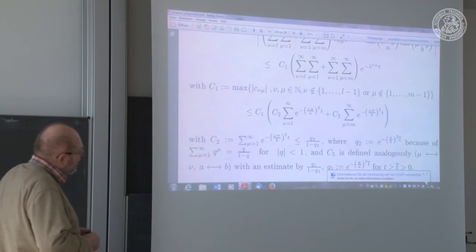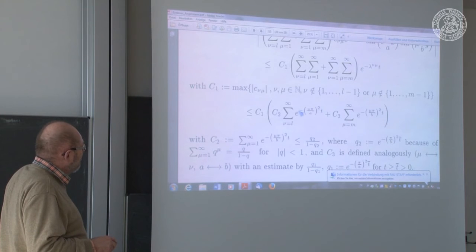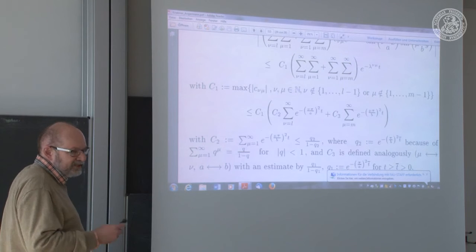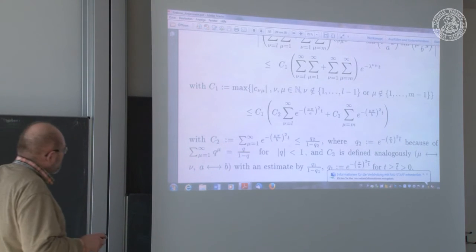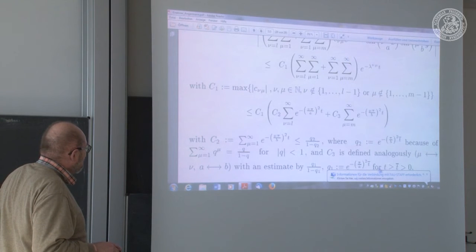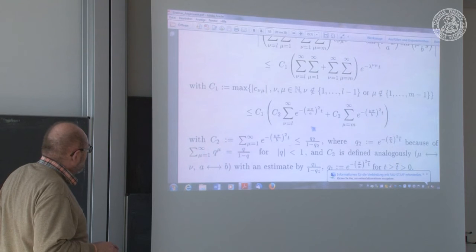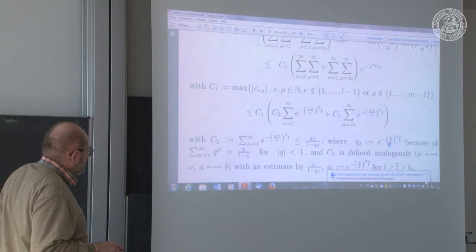Because here, for this simple estimate, I have to take advantage of the strong decay of the exponential term, which means that the factor has to be less than 1, so that I have a convergent harmonic series here. If I stay away from 0, so if my time is bigger than some d bar, then I can estimate all these in the usual fashion by the harmonic series, and I get the corresponding terms.